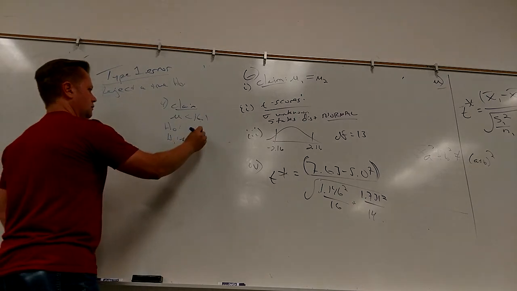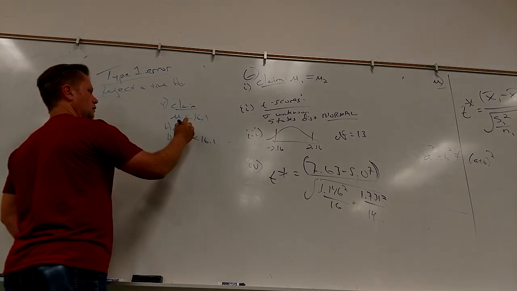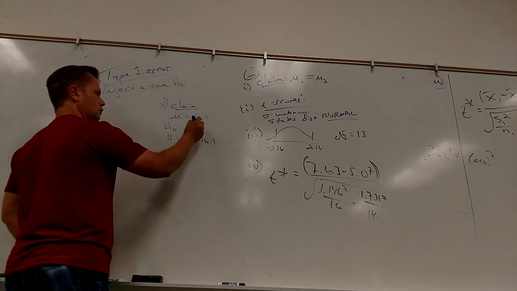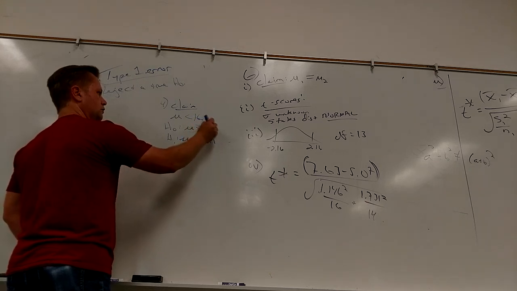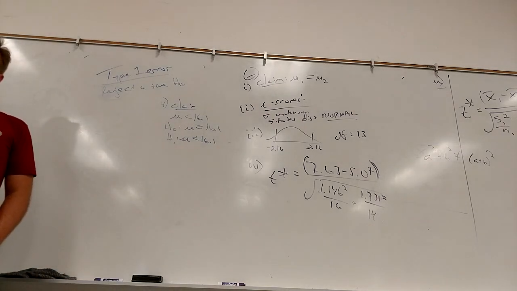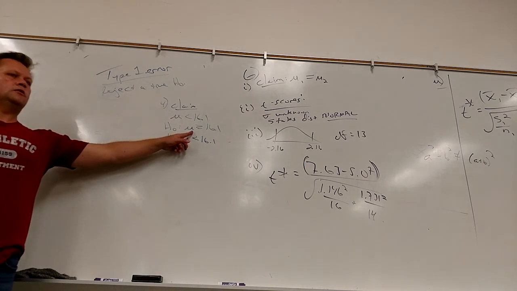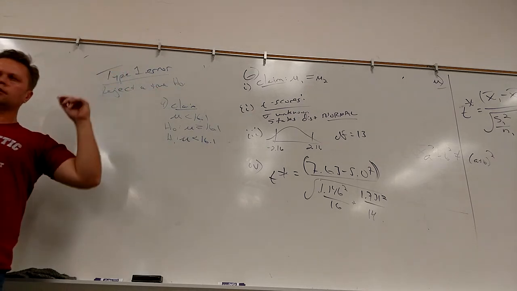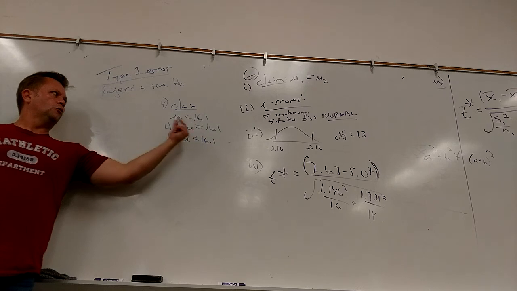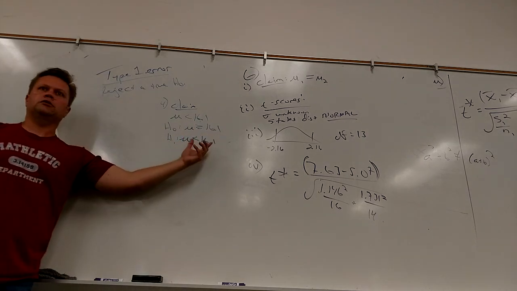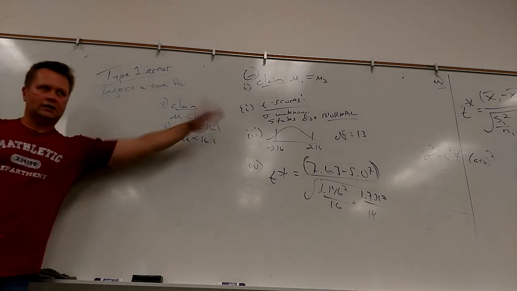So what's H0? Less than or equal to? Greater than or equal to, because that's already less than. All right, so that's the null. So if I reject a true null, how would you state the error then? We think that it is less than 16.1 when actually it is at least 16.1.